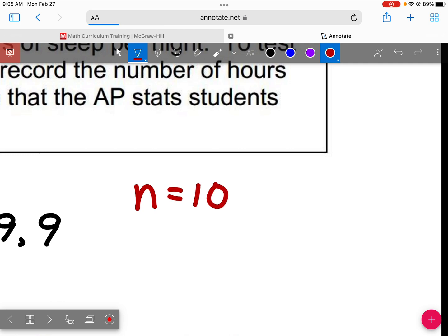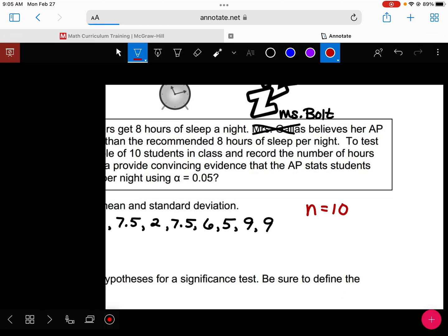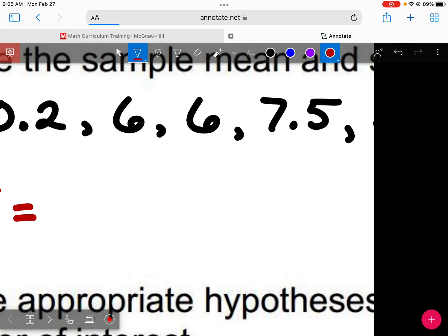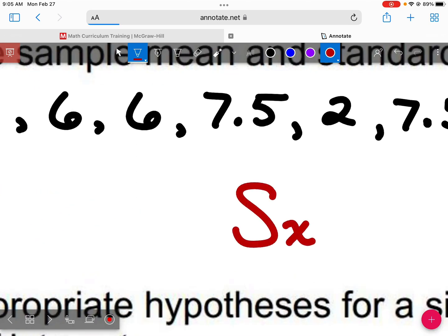I want you guys to use your calculators to calculate the sample mean and the sample standard deviation. So we want to find x bar and Sx.